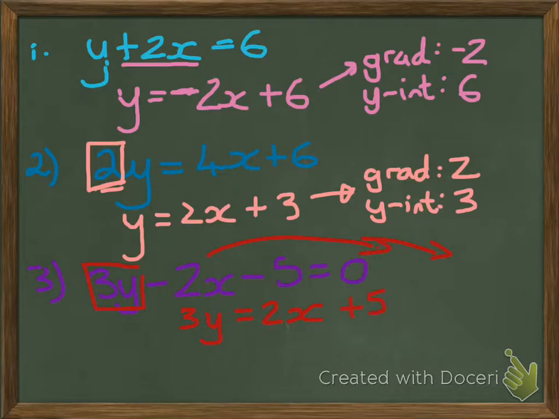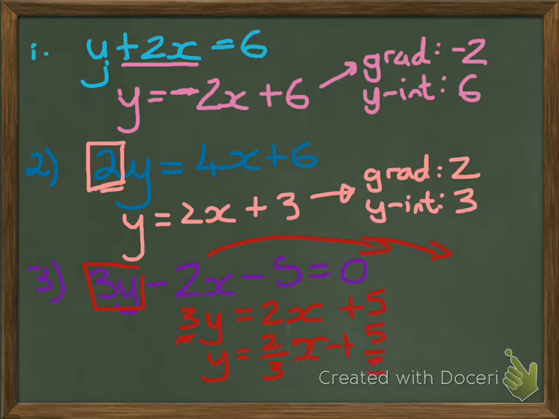But I'm not in standard form yet. I still have that 3 in front of the y, so I need to divide by it. So y is equal to, now if I divide 2x by 3, I don't really want to write it as 2x over 3. I'd rather just put the 2 over the 3, because it makes it easier for me to see what my gradient is. And don't forget we still have to divide the 5 by 3 as well.